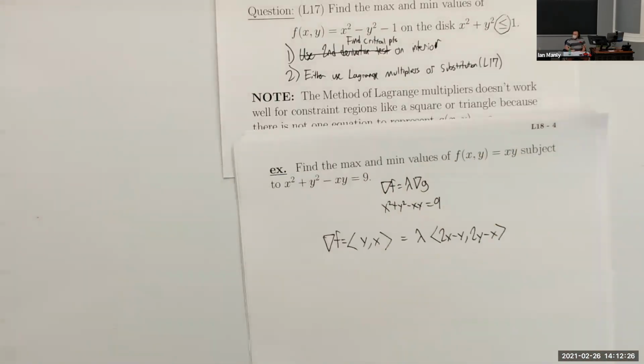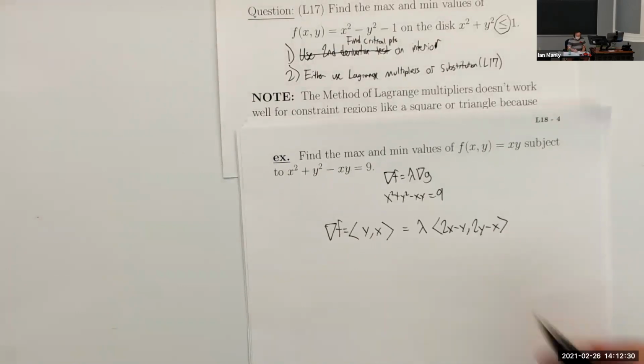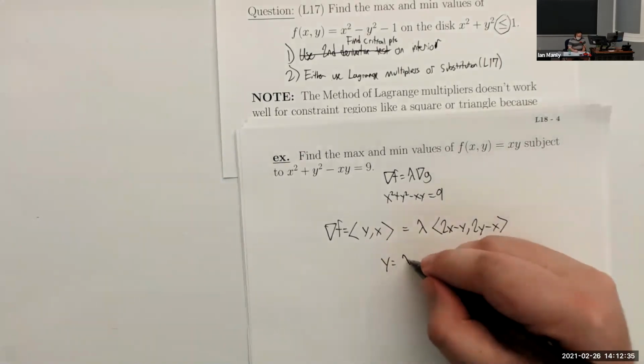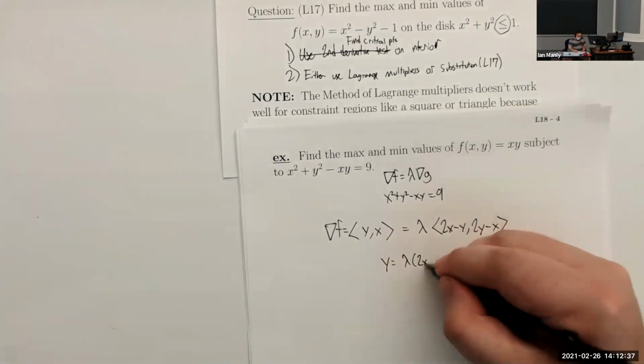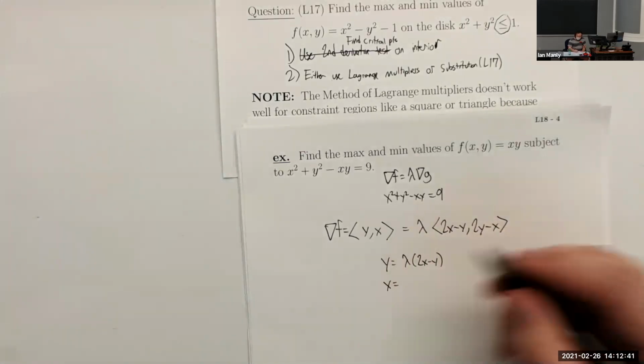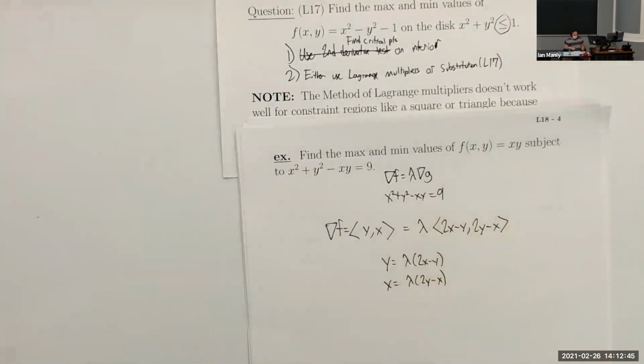So that's what our Lagrange equation ends up being. Let's write this out: y is lambda times (2x minus y), and x is lambda times (2y minus x).